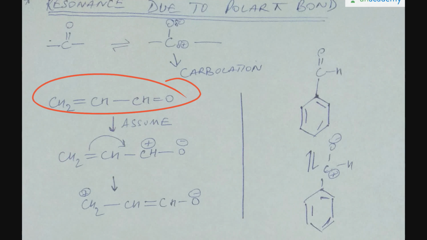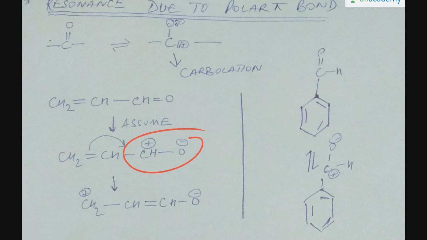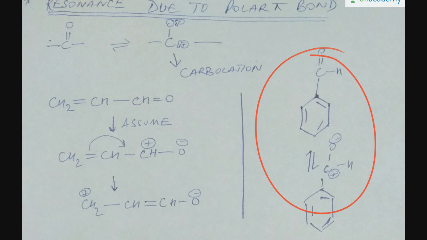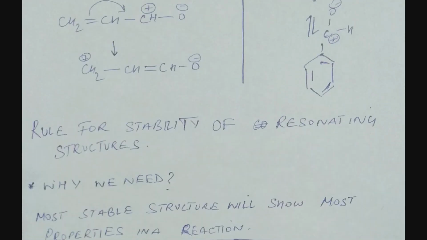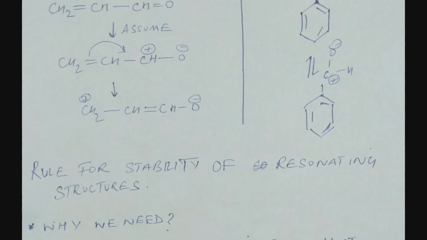Like in this case, we have a carbocation, single bond and a double bond, so we will apply the resonance as in this case, that carbon double bond. Okay, now I will discuss in the next video the rule for stability of resonating structures.